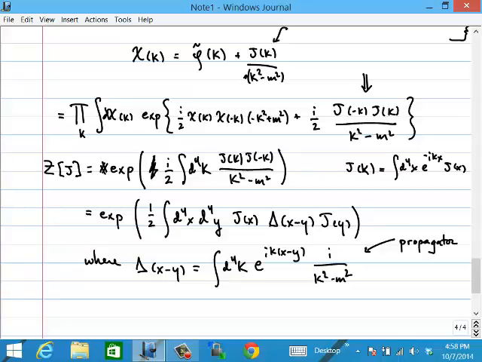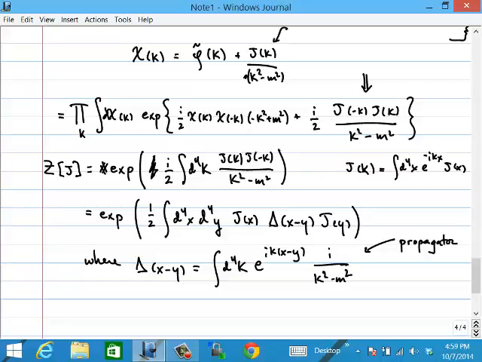And we can now see where our friendly i epsilon is going to come back to pay a visit. So far, I've been sort of sloppy about keeping track of that i epsilon that arose when we projected onto the vacuum state. But remember that i epsilon was only there to remind us that whenever we have an energy, we shift it to be an energy plus i epsilon.